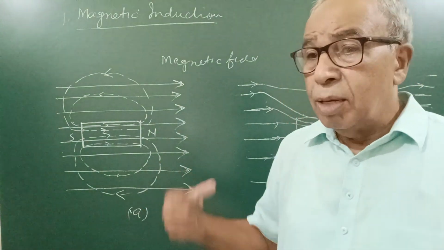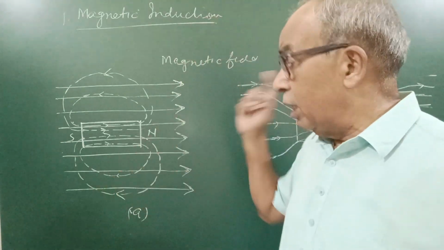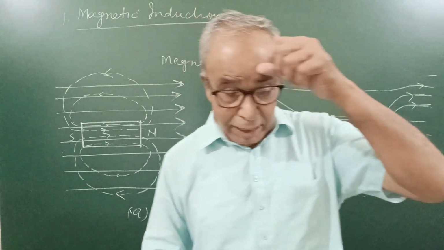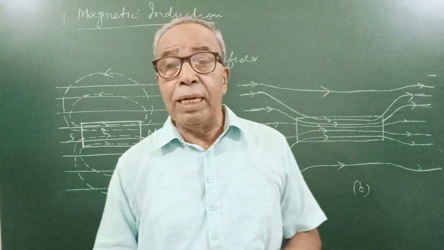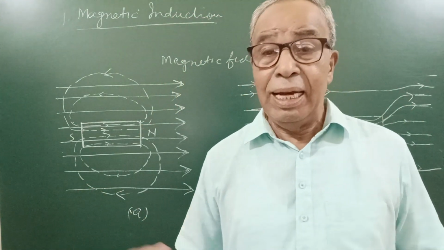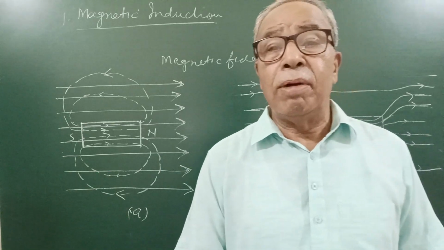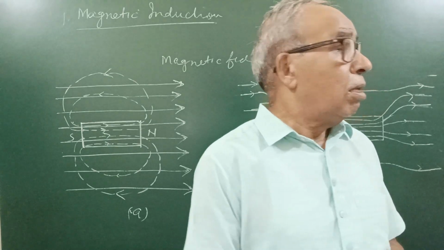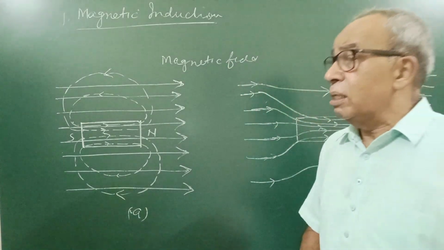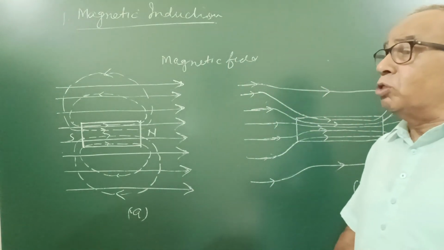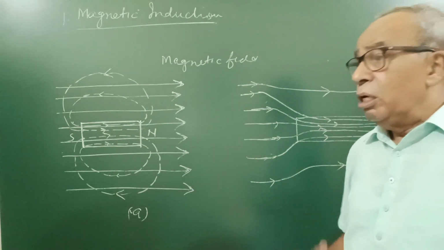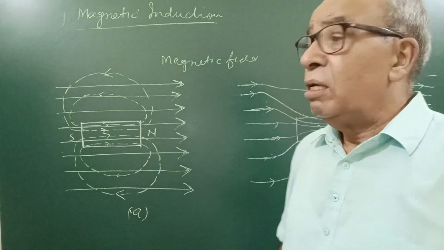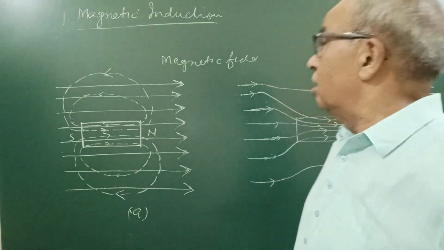When you bring an iron nail near a magnet, the iron nail is attracted. Remember, a magnet can attract or repel a magnet. So some magnetic properties are induced. Inducing magnetic property in a non-magnet is called magnetic induction.